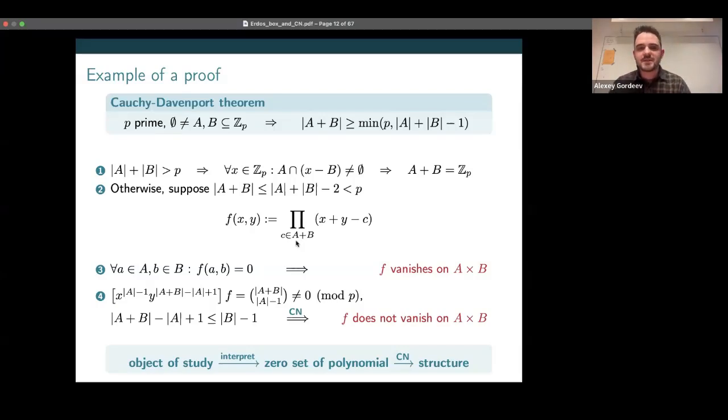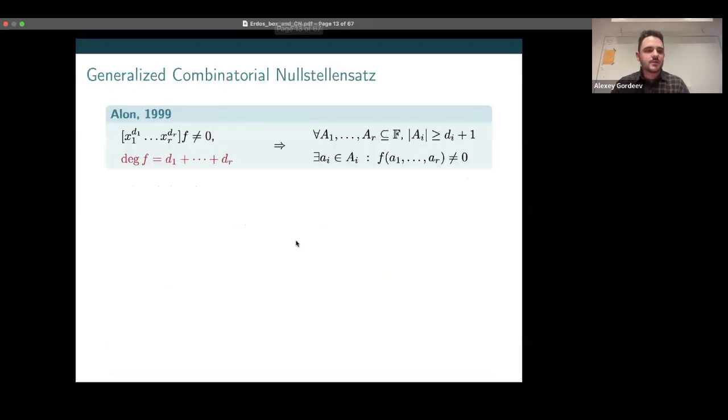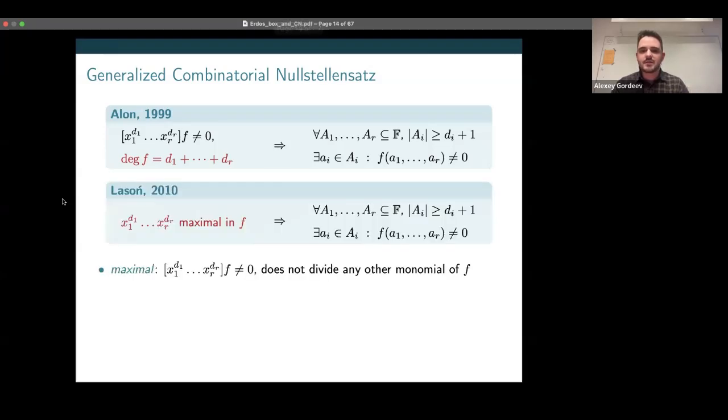Okay, but actually we would not use this combinatorial Nullstellensatz. We would need a stronger theorem. So this is again the statement of Alon's theorem, but in fact you can show that a stronger theorem holds, and Lasoń showed it in 2010.